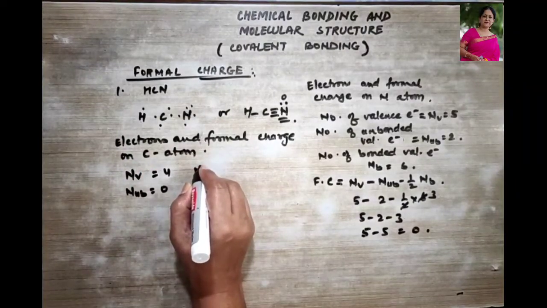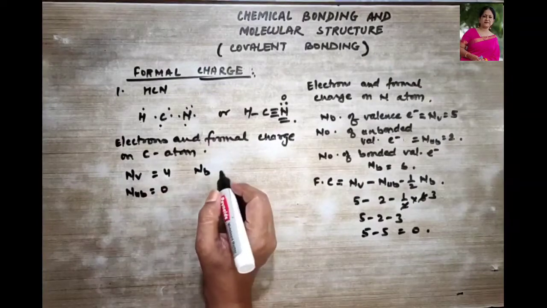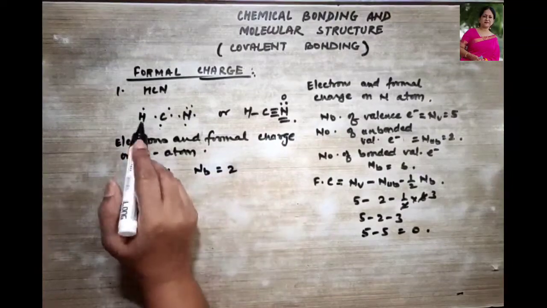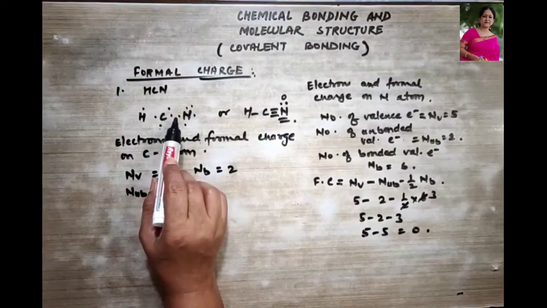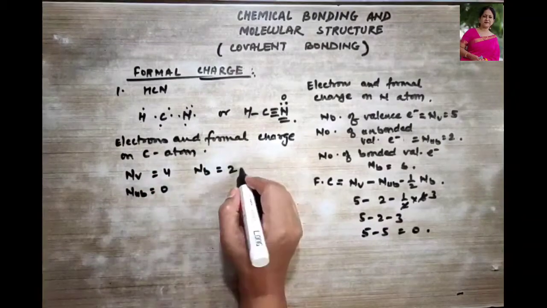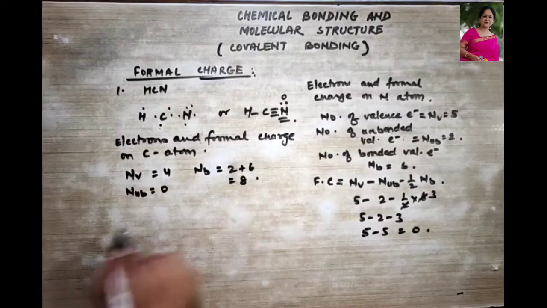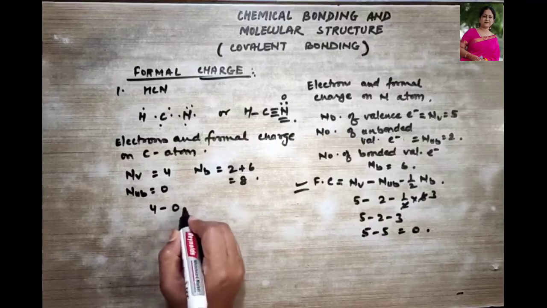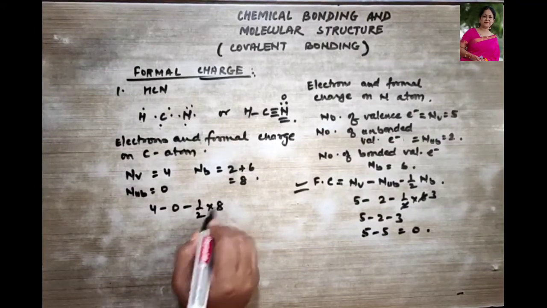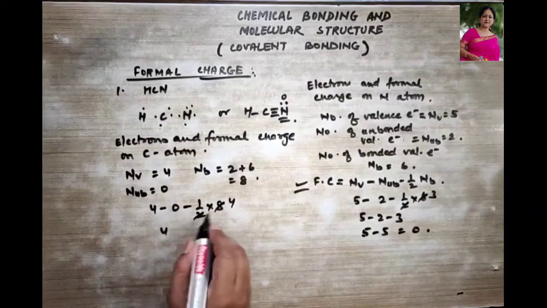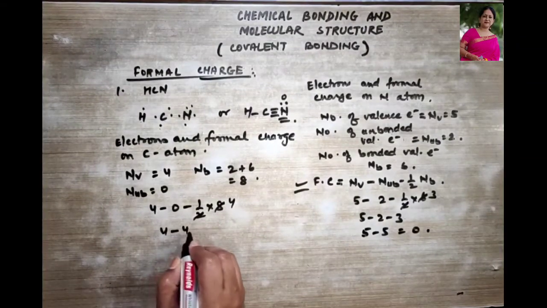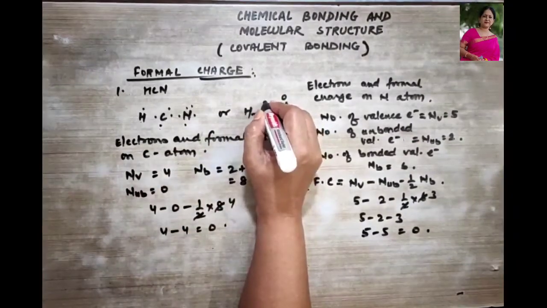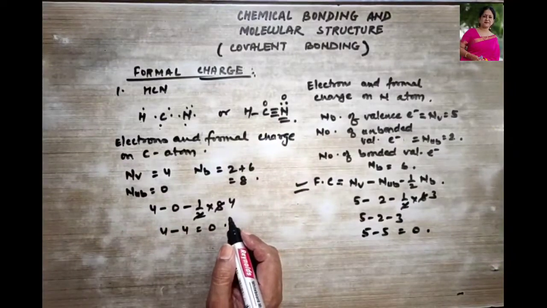The number of bonded valence electrons: there are 2 with the hydrogen, and with nitrogen 6, plus 6. This is equal to 8. Now use the formula: 4 minus 0 minus half of 8. So 4 minus 4 is equal to 0. So at carbon also your formal charge is 0.